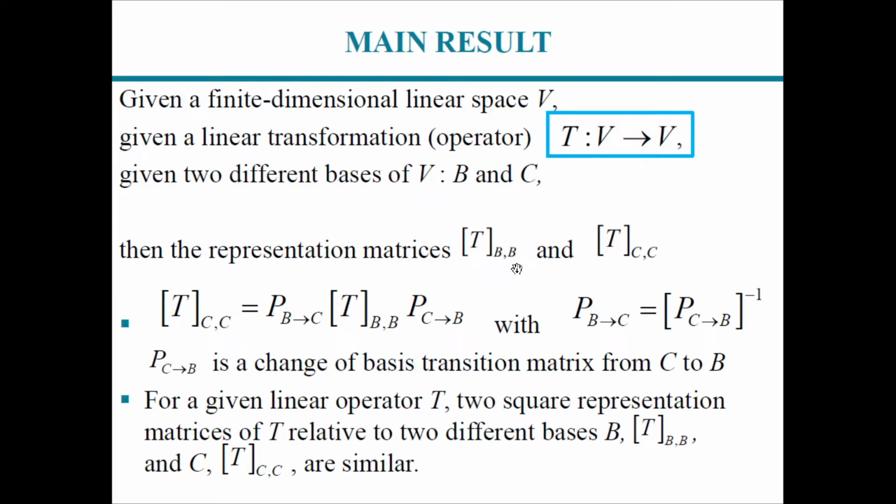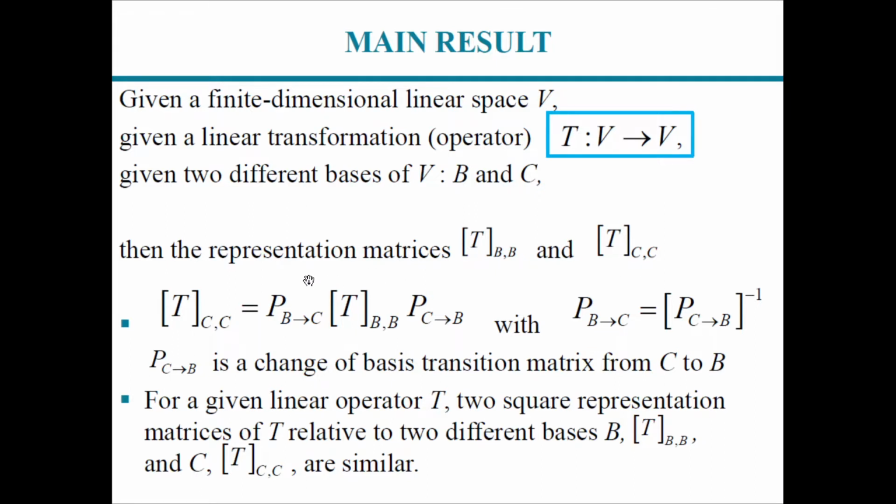So the basis here we are choosing B, so it's the same basis for the input and output, obviously, because it's the same space. So we have this representation matrix relative to the basis B, and then we have another representation matrix of the same linear transformation, but this time relative to the basis C, so a different basis for the same linear space.